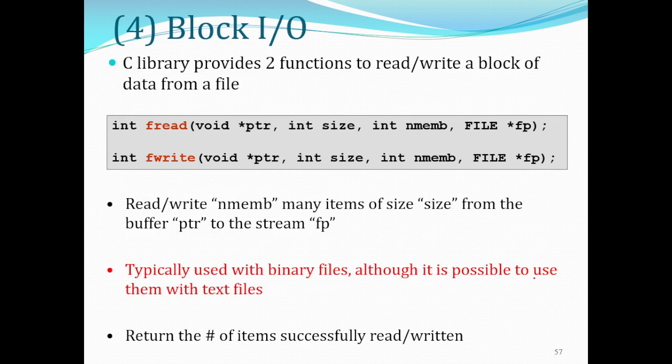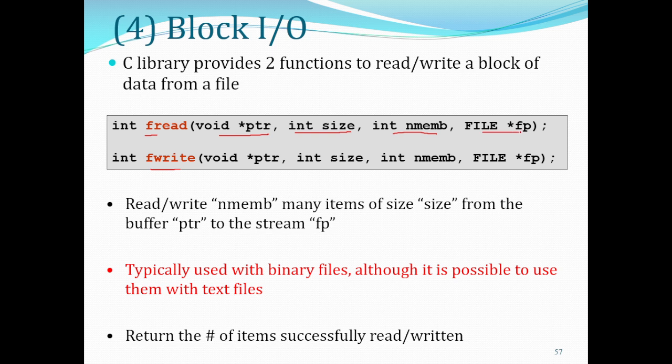Okay, fread and fwrite. For reading a block of data from a file or writing a block of data to a file, we are basically using fread and fwrite functions. First of all, we have the pointer, and then how many bytes or how many elements we will read, and this is the element size.